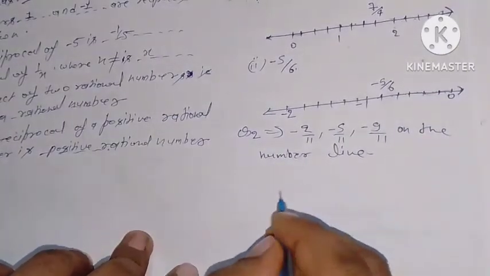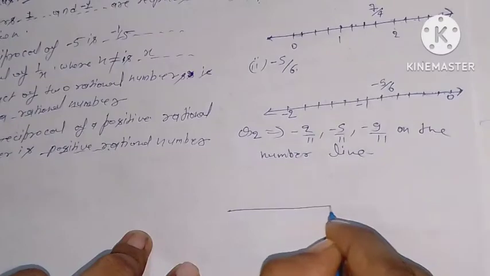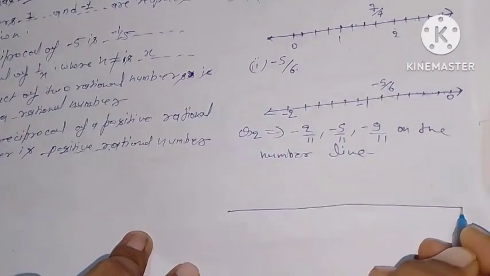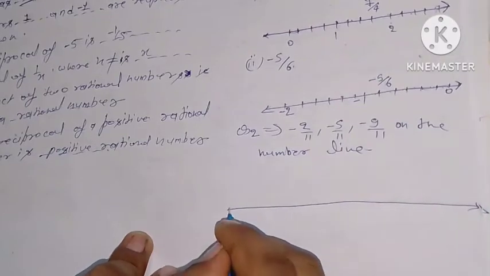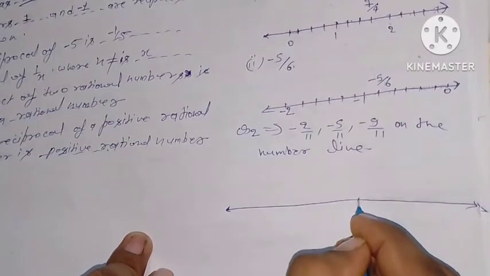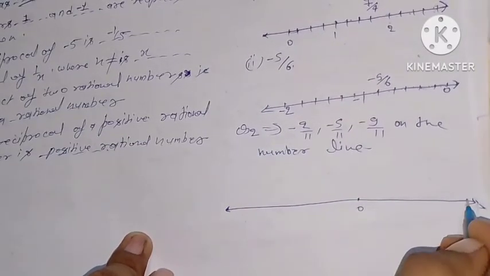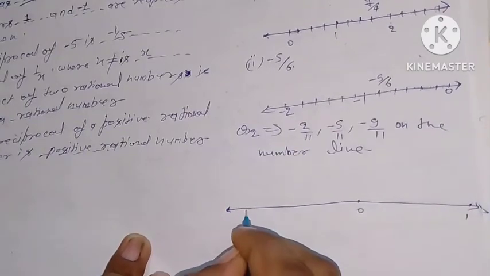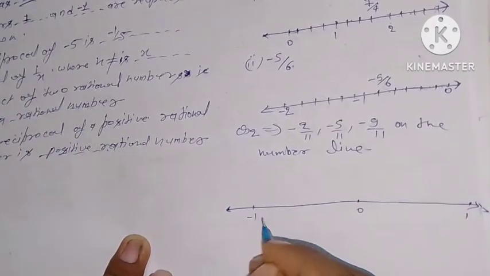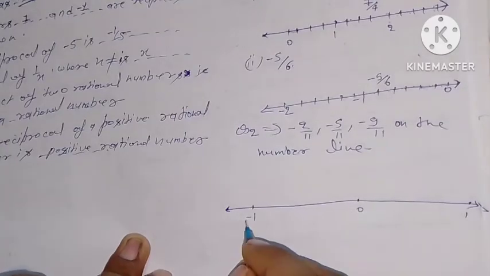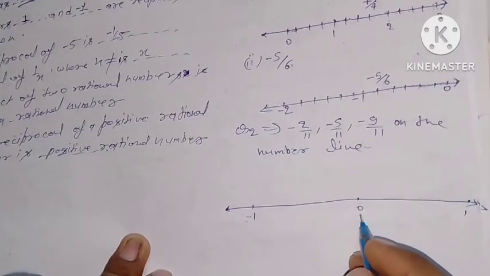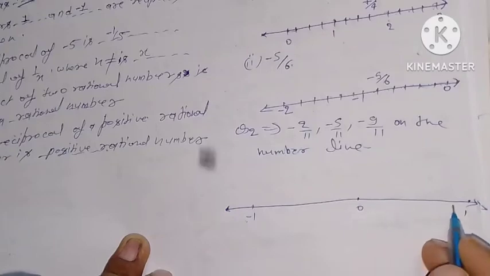We will draw a number line. This is the 0 point, this is the 1 point, and this is the minus 1 point. The left side from the 0 is negative, and the right side from the 0 is positive.